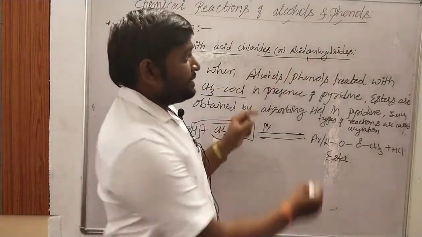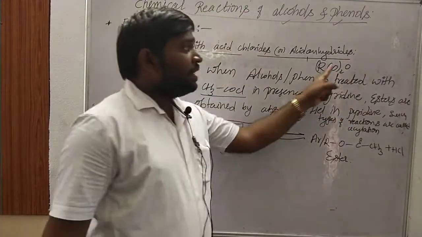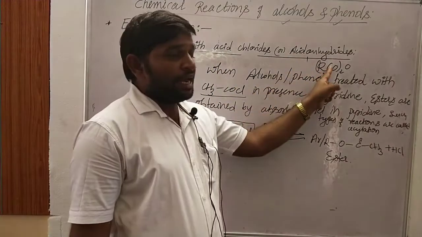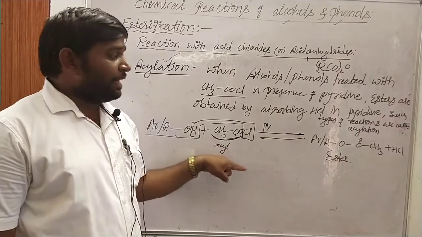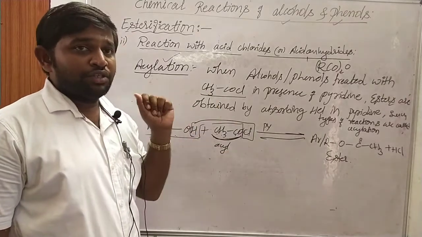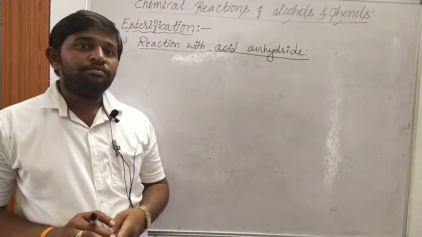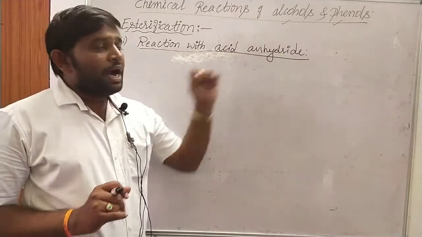As we know, the acid anhydride formula is (RCO) twice O. What happens when alcohols react with acid anhydrides? That also leads to the formation of esters by the evolution of carboxylic acids. So the next reaction is the reaction with acid anhydrides.